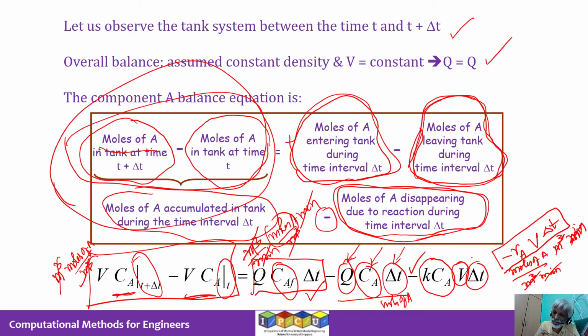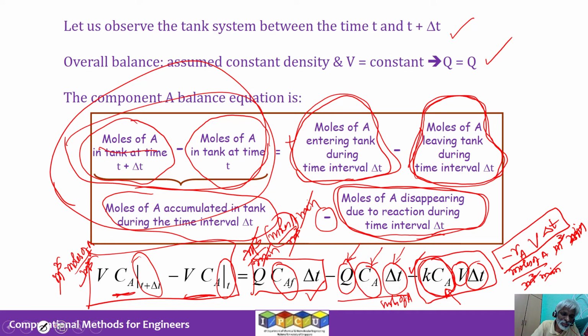So in time interval delta t, this much amount of A gets converted into B. Please note we have used Ca because that is the reactor condition, what is inside the reactor. The concentration is Ca. Therefore, in the reaction term, we have to use k Ca.